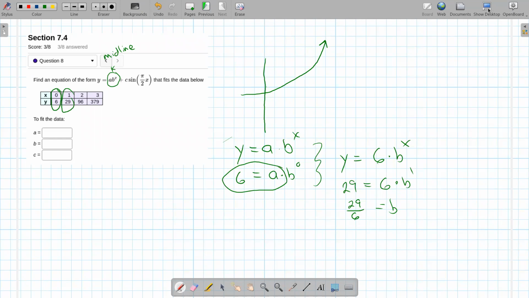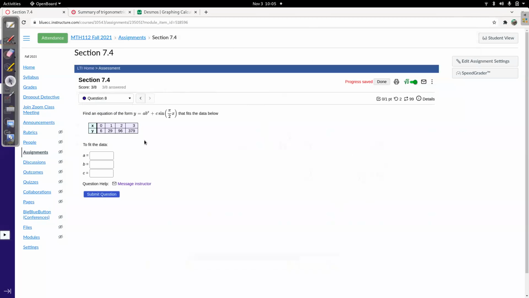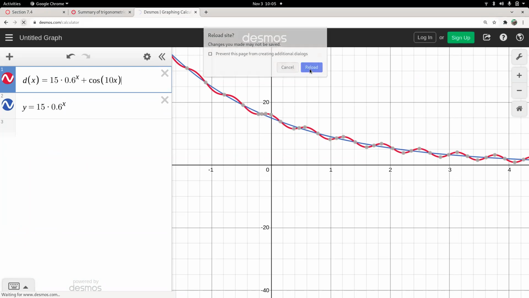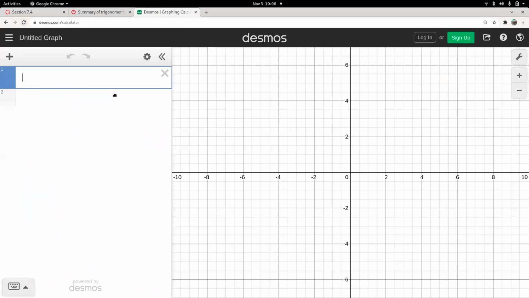Let's try that in Desmos. So I think, reset please. I'm going to have f of x equals 6 times parentheses 29 over 6, raised to the power x.